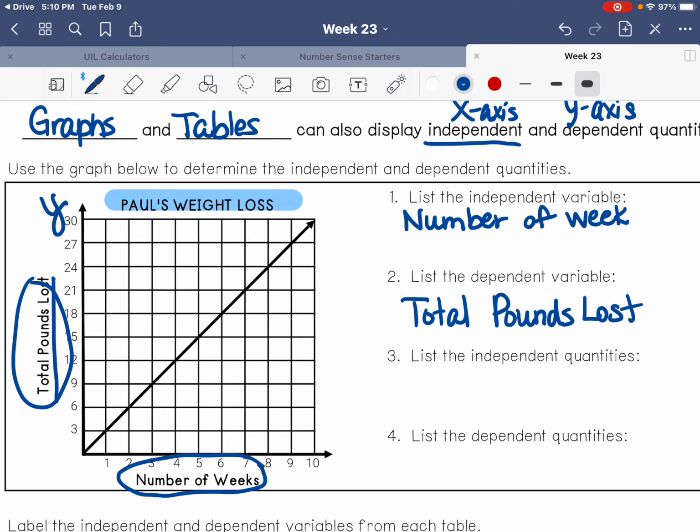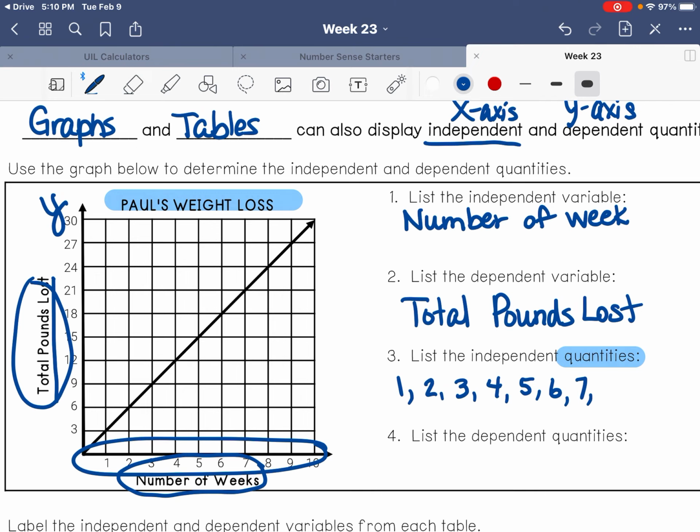And then it says list the independent, and the word now is quantities. Not variable, but quantities. So the independent quantities are these numbers right here on the x-axis: 1, 2, 3, 4, 5, 6, 7, 8, 9, and 10.